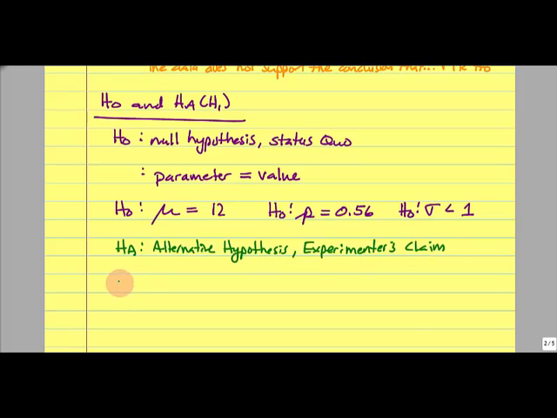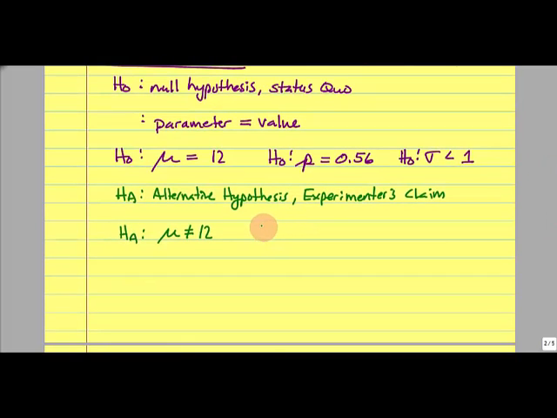So some different things that we could see here for HA then are something like, instead of mu equals 12, we could have mu not equal to 12. We could have something like our alternative hypothesis p is greater than 0.56. Or an alternative hypothesis where the sample standard deviation is less than 1.